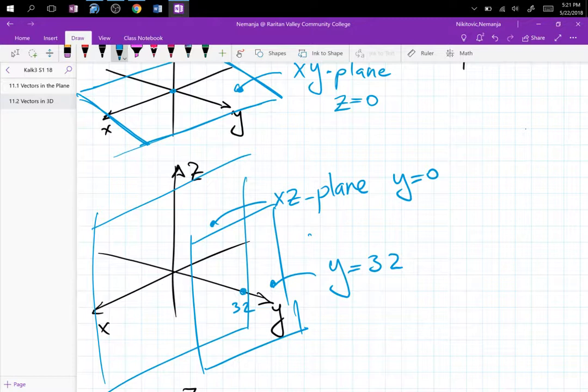You have x equals 0 on this wall and x equals 40 on the other wall. When you put those planes together, they confine the box, right? They create the box and we are in that box. So the space in which we have this class is very well defined with just basic equations of the plane.